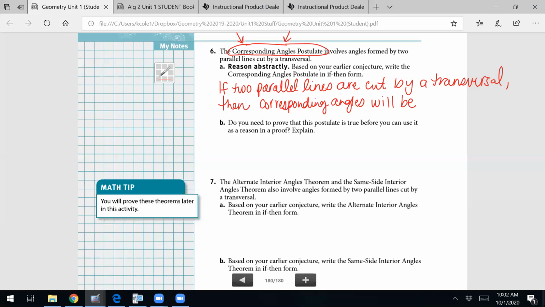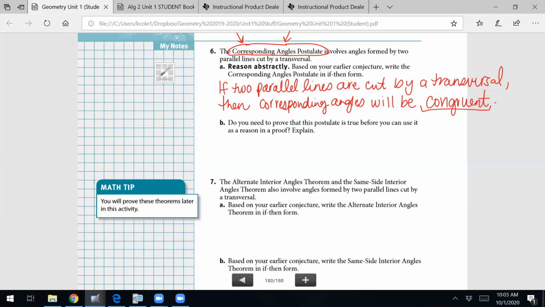If 2 parallel lines are cut by a transversal, corresponding angles will be congruent. Everyone, give yourself a pat on the back. Congruent. Always. So now you can use that postulate in a proof, okay? So if two parallel lines are cut by a transversal, then corresponding angles will be congruent.